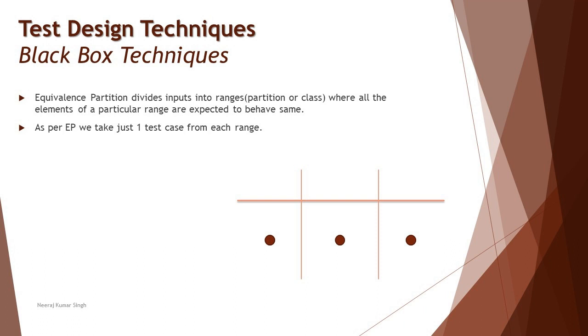So I just need to create two partitions here and take one test from each partition. That means take one person in manager and above, like a senior VP who can approve the leave, and take one more from the second range, which is below manager and everyone else. They cannot approve the leave because they cannot see the ticket, or even if they see the ticket, they don't have the rights to do that.